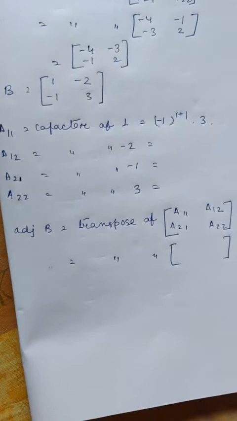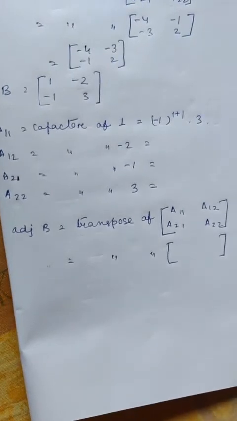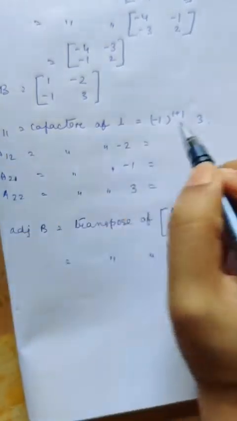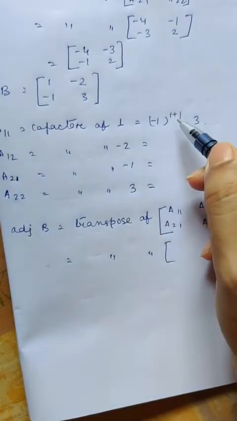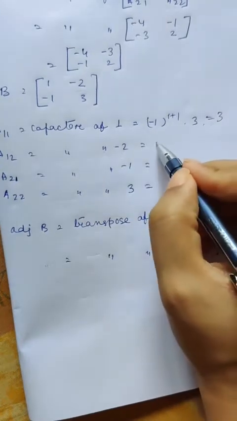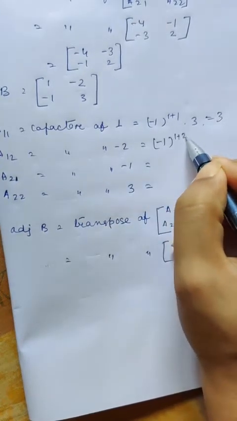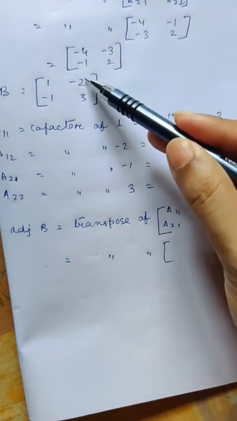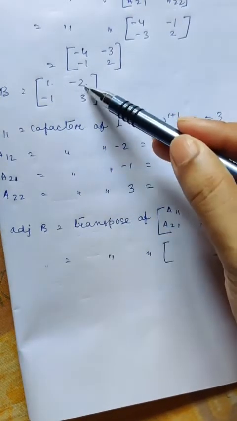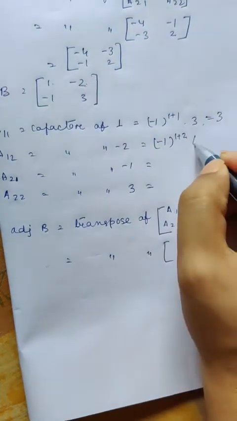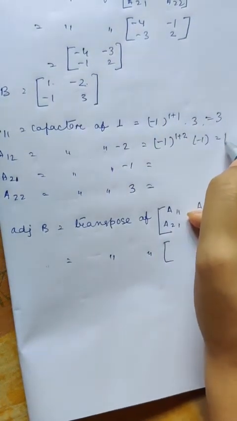Now we have to find the adjoint B. So for that, the cofactors of the elements of B, cofactor of 1, that is A11, is equal to minus 1 to the power 1 plus 1 into 3, so it will be 3. A12 means minus 1 to the power 1 plus 2, that means the element of the first row, second column, so we have to eliminate the first row, second column, so we will have this minus 1. From here we will get 1.